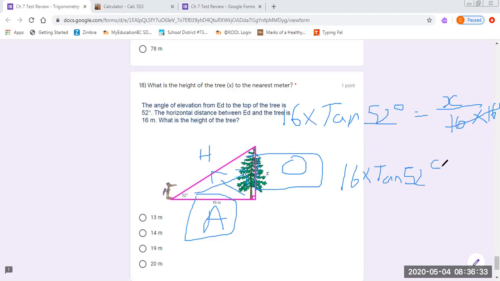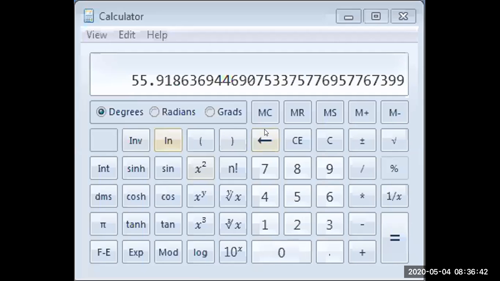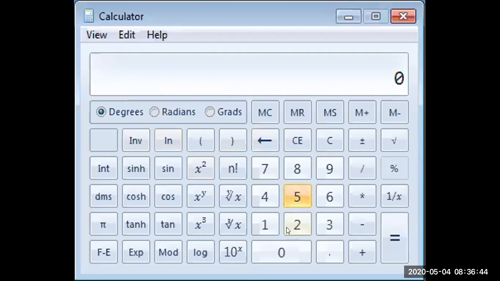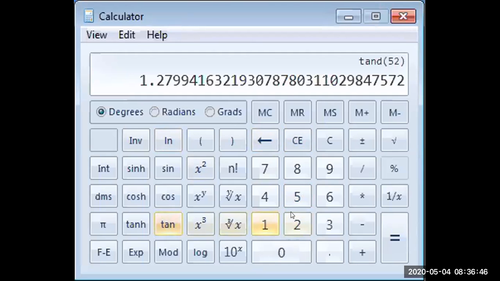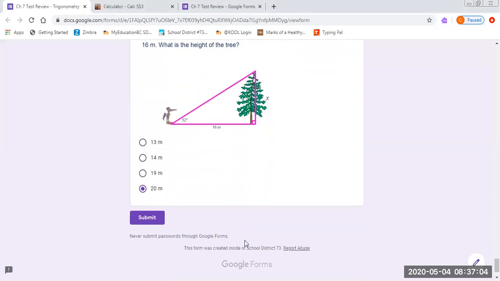And so when I plug that into my calculator, what that will look like is I'm going to take 52 tan, and I'm going to multiply that by 16. And so I end up with a value of 20.47, which when rounded down in this case is going to be 20 meters. And so that's why the answer to this question is going to be 20 meters.